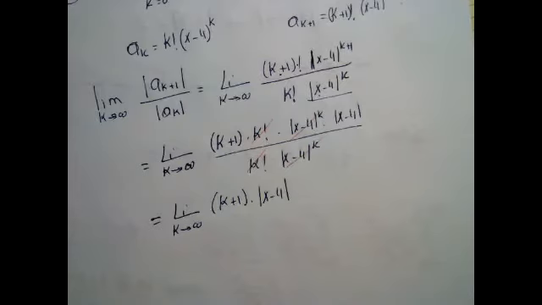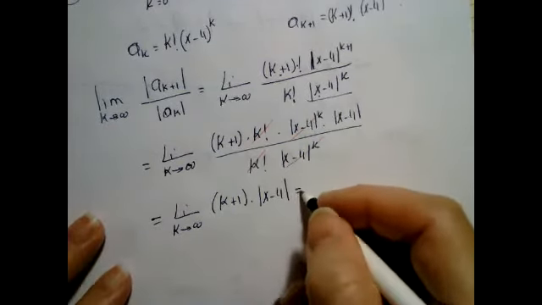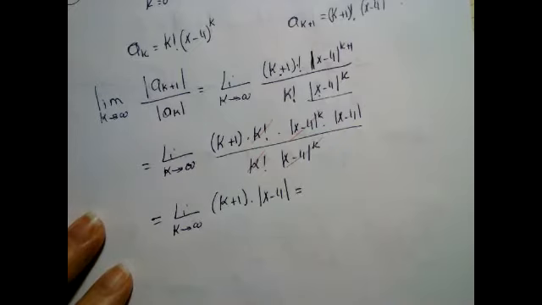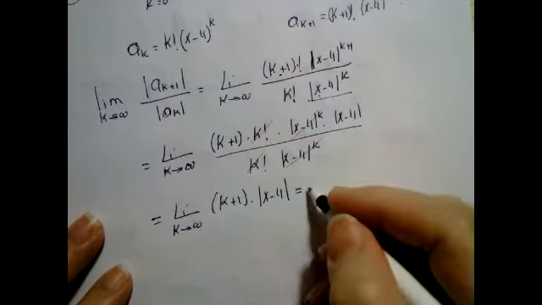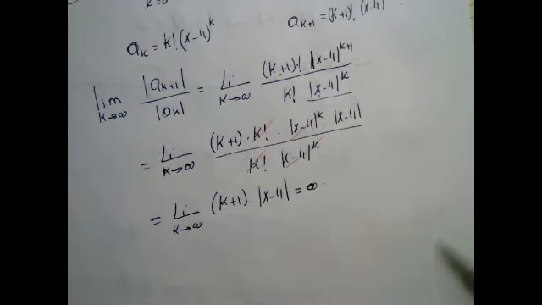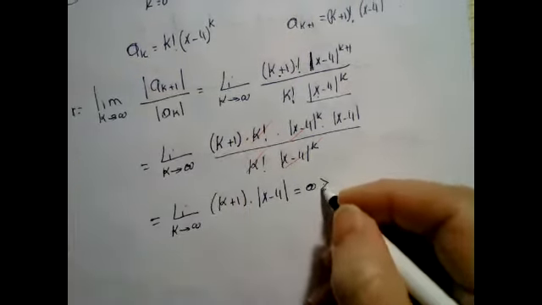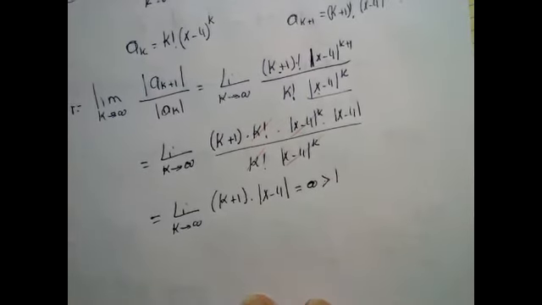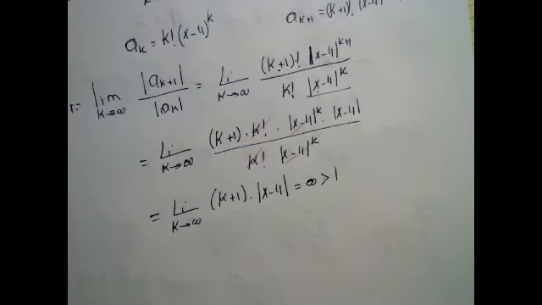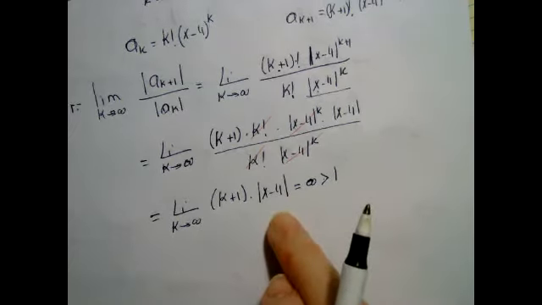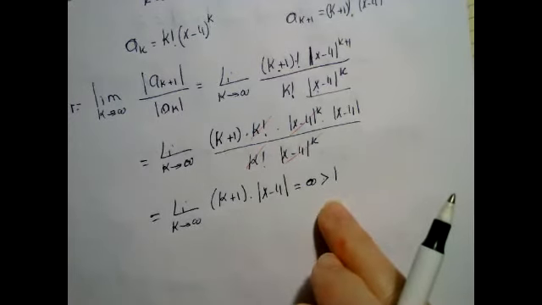Now as k goes to infinity, this will be equal to what? Infinity. What does this mean? That's the ratio, so it diverges. The ratio is bigger than 1, regardless of what x is, unless x is 4, correct?